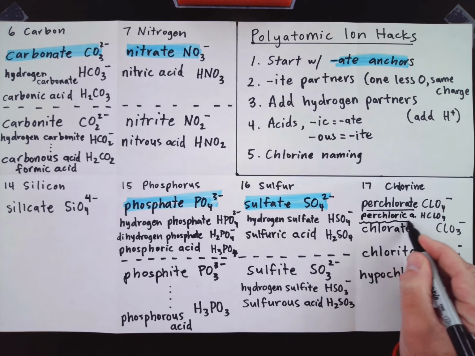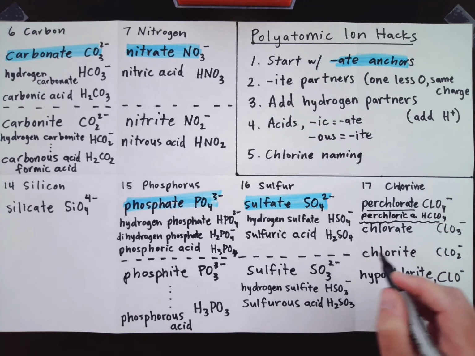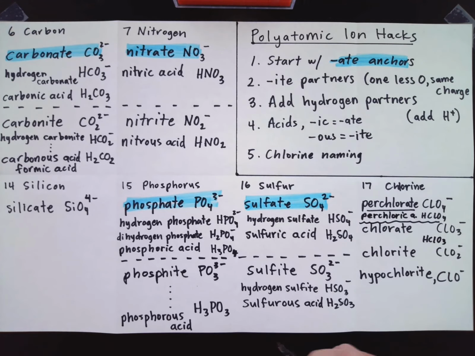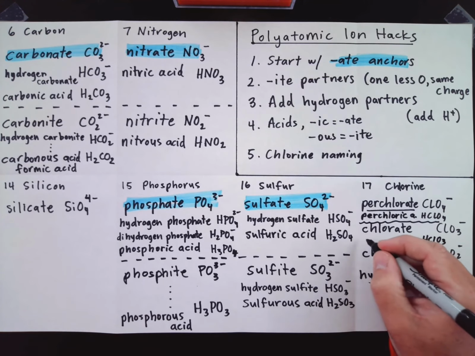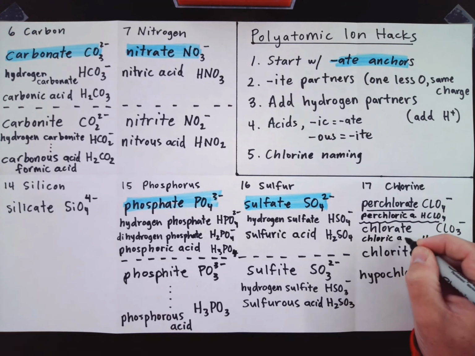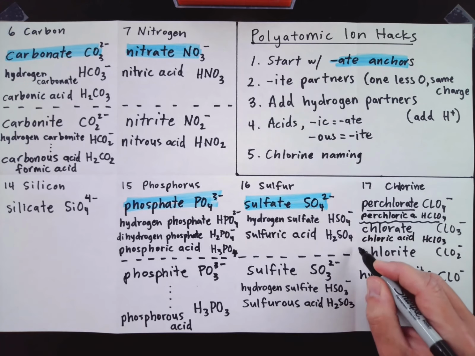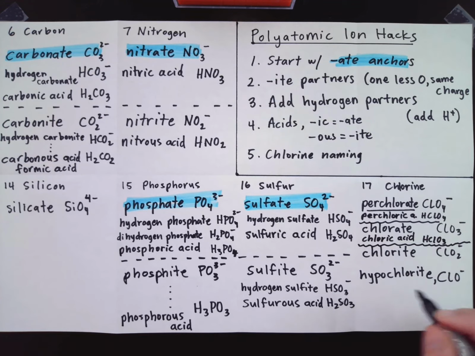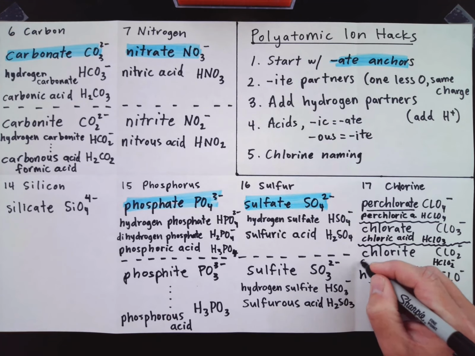Chlorate, HClO3, as an acid is chloric acid. Chlorite as an acid, HClO2, is just going to be called chlorous acid.